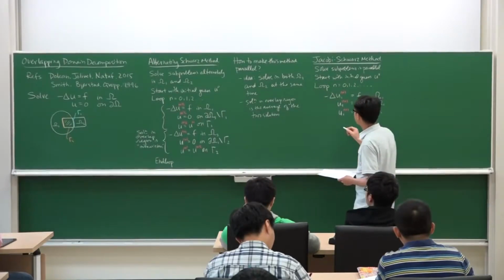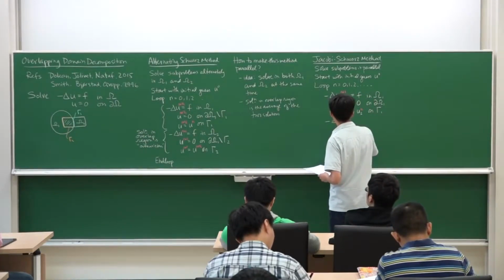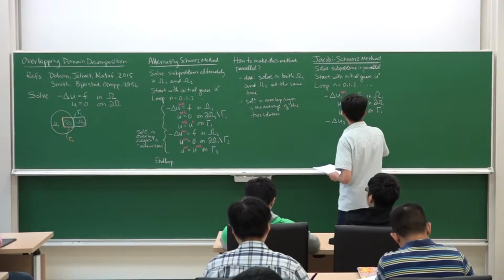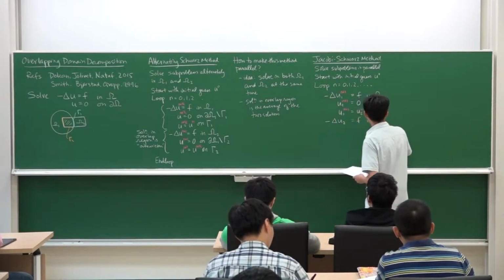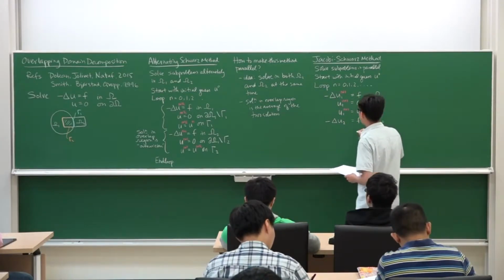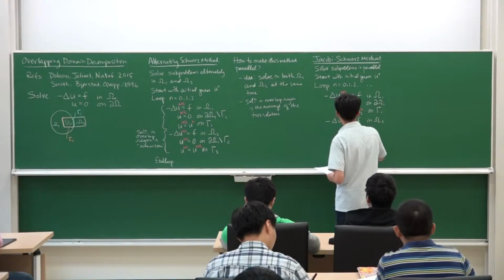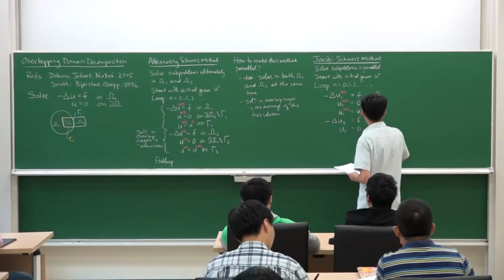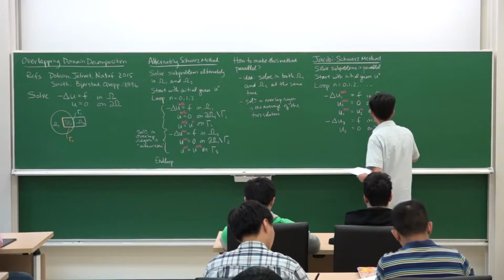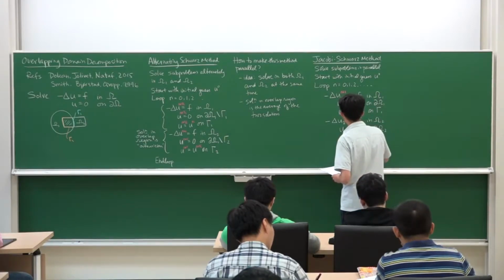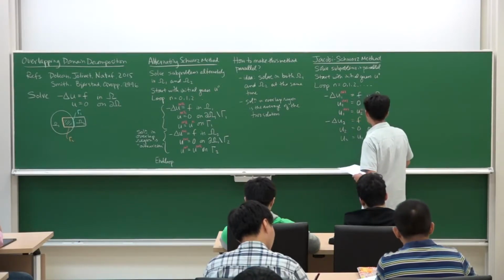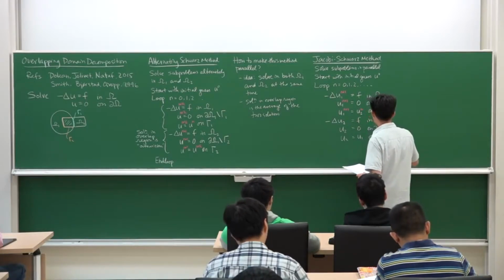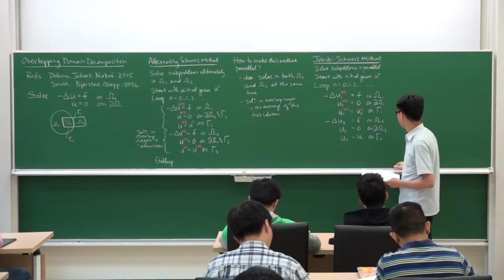And then the second problem: U2 equals F in the second subdomain, U2 equals 0 on the boundary, and U2 is equal to U1 on gamma 2.